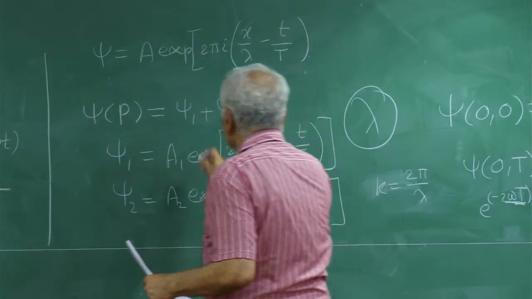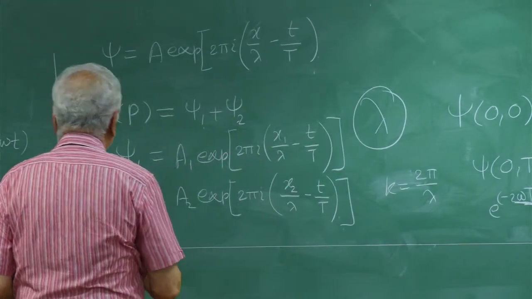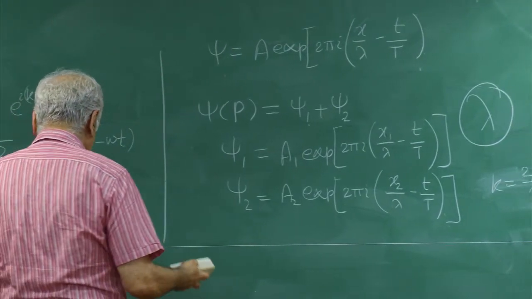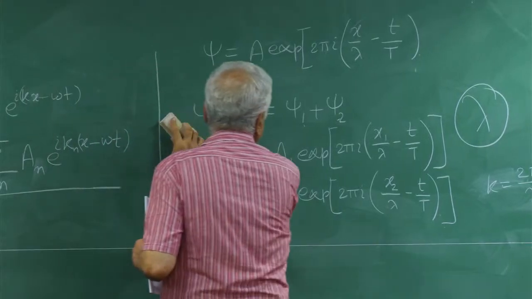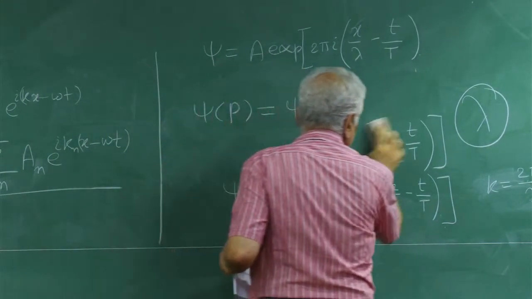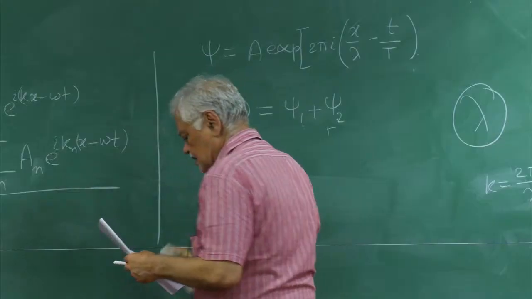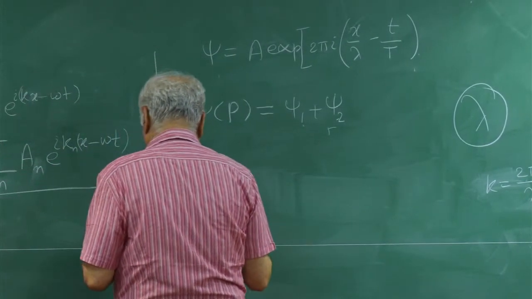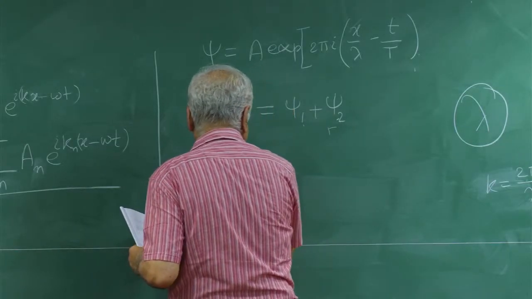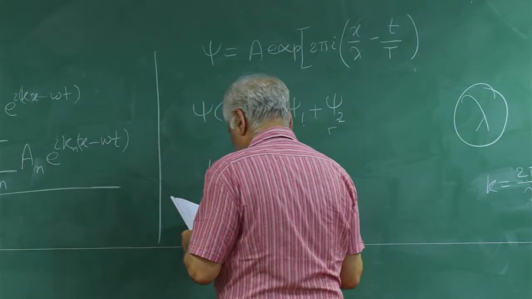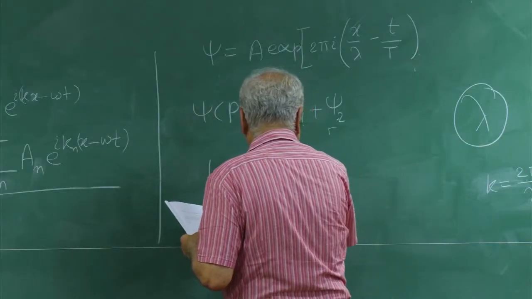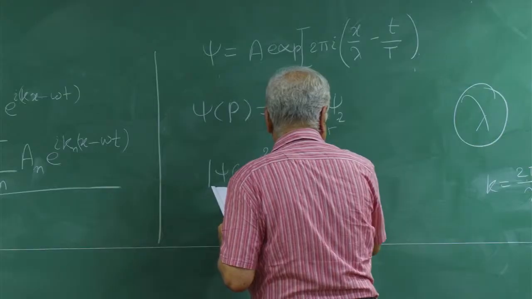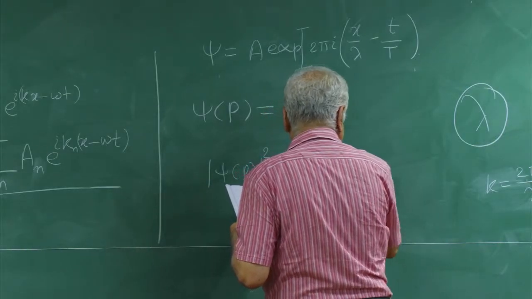So when I substitute these expressions in this particular equation, when I add them up and simplify, I'll state the result. The result is, in fact, |ψp|² is equal to ψp star times ψp.